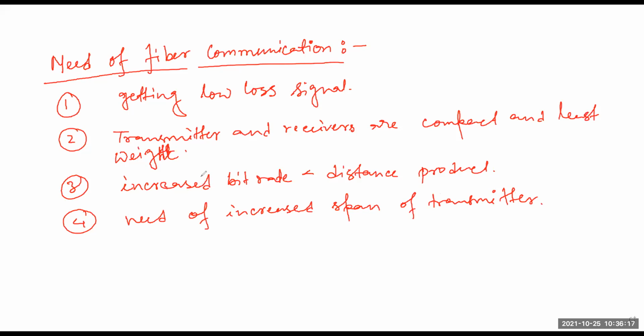So if we work with the fiber optical communication system, these are the constants. Everything should be there. Okay, so the next topic we will discuss is the general optical fiber communication system.